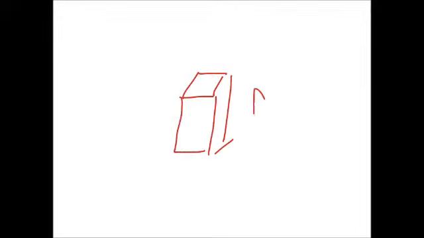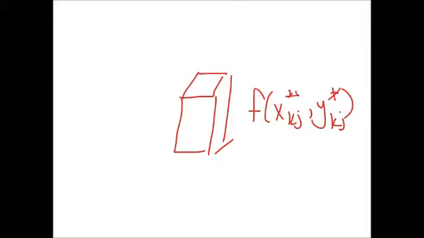And obviously we have our function f(x_kj*, y_kj*), and that goes top to bottom, and then we have delta y_j and delta x_k.